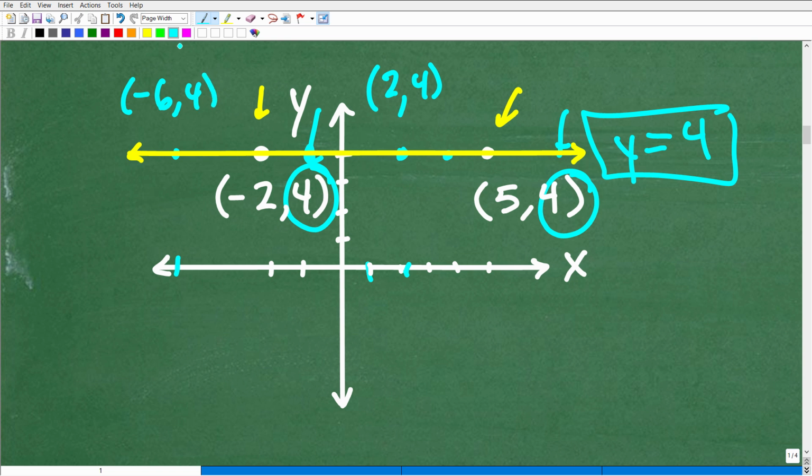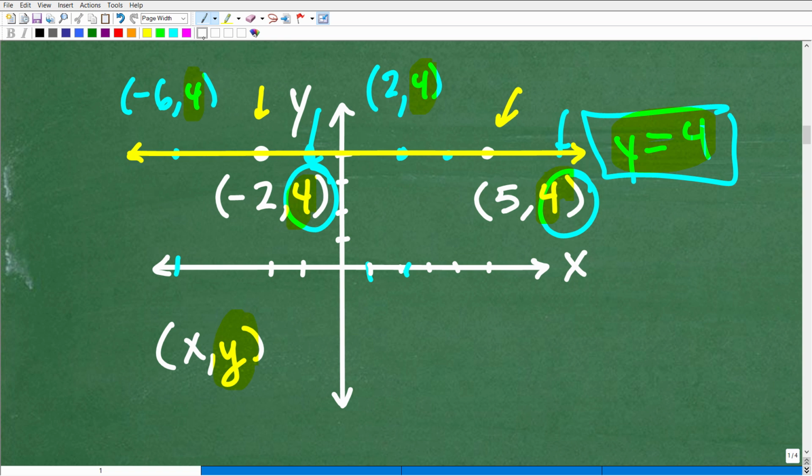Again, we are talking about x, y points, and for y equals 4, the y value is always going to be 4. 4 here, 4 here, 4 here, and 4 there. So I took some extra time to explain this extra thoroughly.